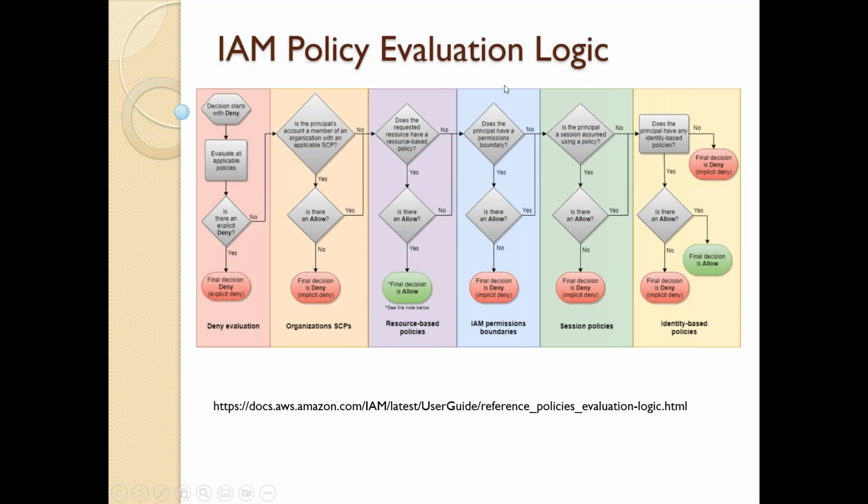If he is not allowed, then go to the next, to see if there are any IAM permission boundaries set for him, right? If that is not set, then go to the session policy, and then last go to the identity-based policy, whether he is allowed to access that particular resource or not, right? So this is the evaluation logic it basically uses.